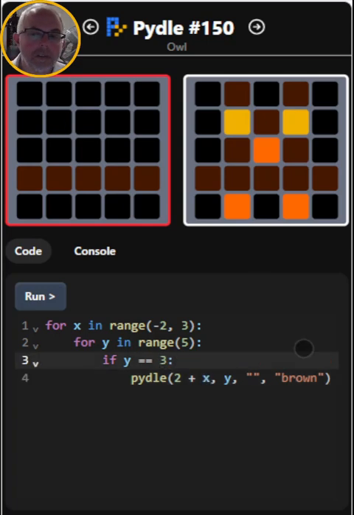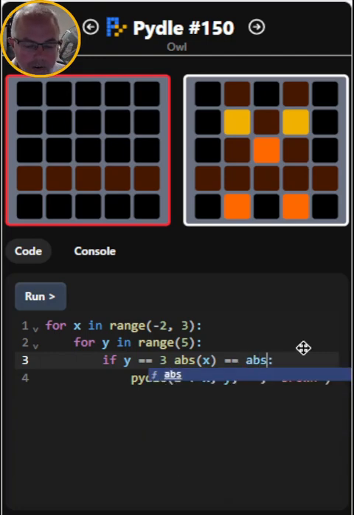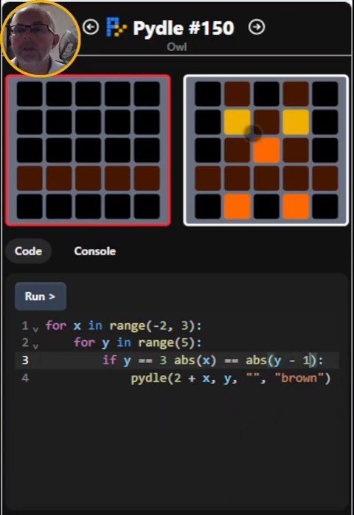Now we can do the same by saying absolute value of x equals absolute value of y minus 1. Why minus 1? Because the origin of our, or the center point of our x is offset at y equals 1. So if we minus that, then we should be able to just fill in the cross with that equation.